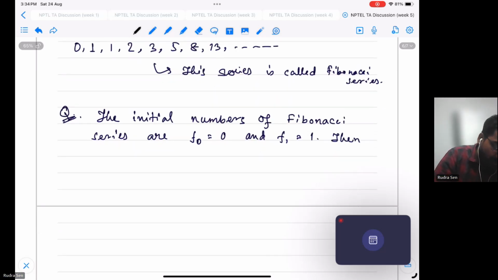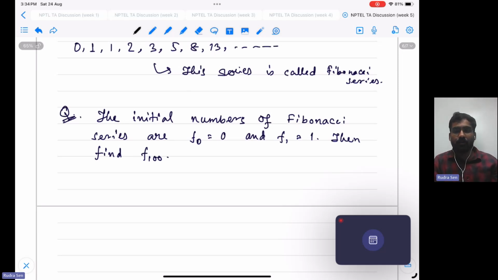Then find f100. This is the question given to you.